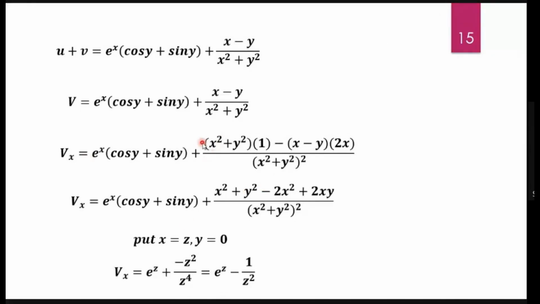Here there will be a z square and here a minus 2z square. So z square minus 2z square will become minus z square upon z raised to 4, which is e raised to z minus 1 upon z square. Okay, Vx is equal to e raised to z minus 1 upon z square.